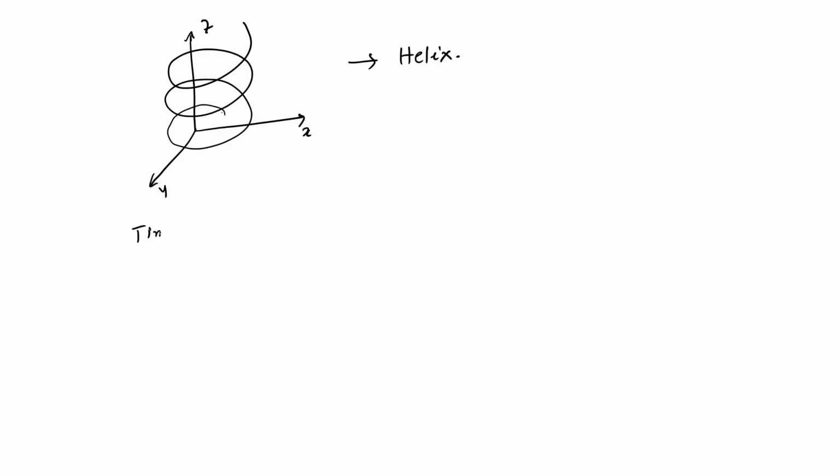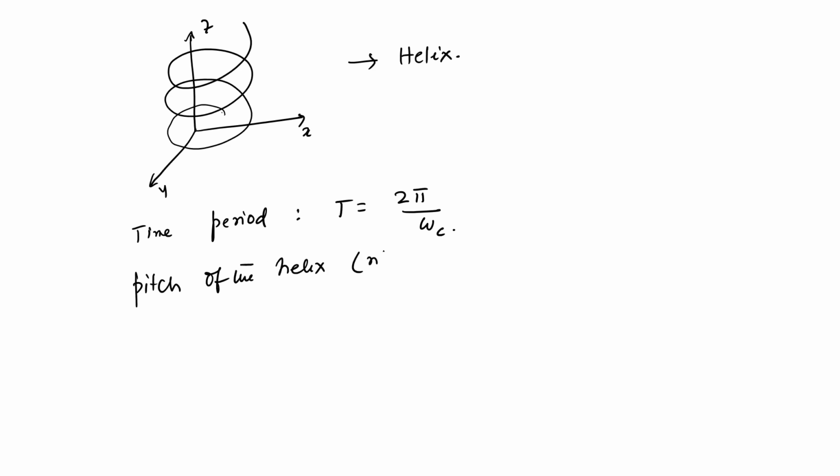So, the time period of this motion is given by T equal to 2 pi by omega c, and one can also calculate the pitch of the helix. Let us call the pitch n.